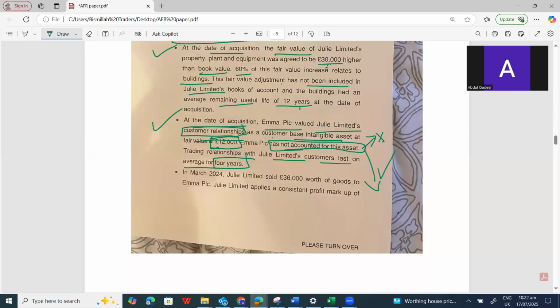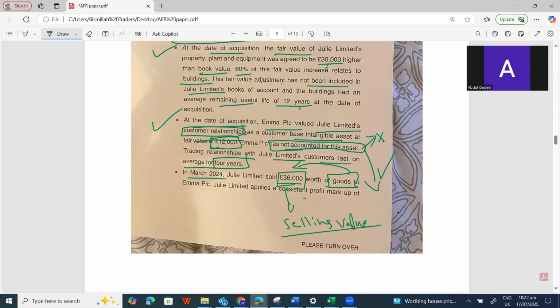Next step is that Julie Limited sold some things. In March 2024, Julie Limited sold 36,000 worth of goods. This is cost; worth of goods means goods value.